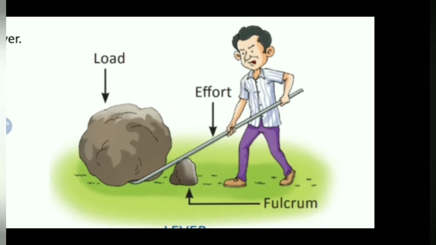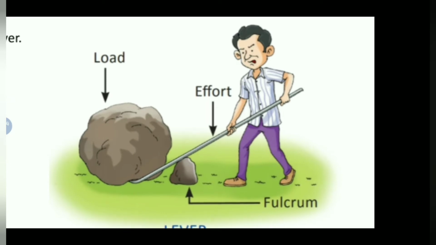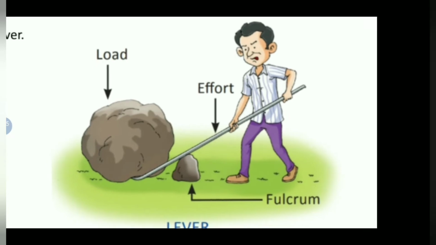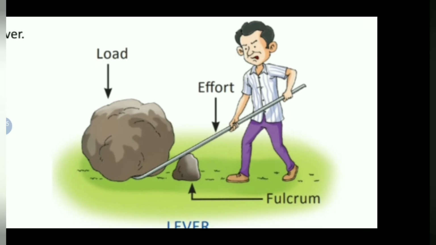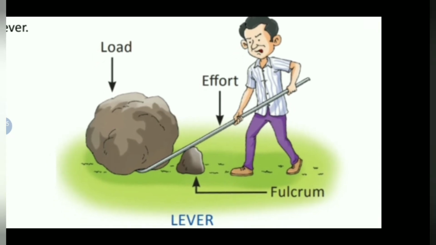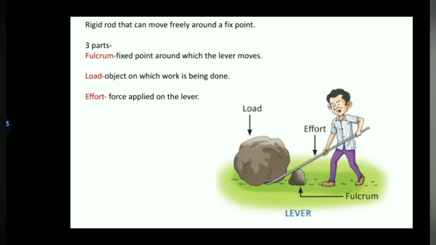Then effort. Effort is the force applied on the lever. So in this you can see the man is trying to lift it and that is using a lever. So there are 3 classes of lever on the basis of the position of fulcrum, load and effort.